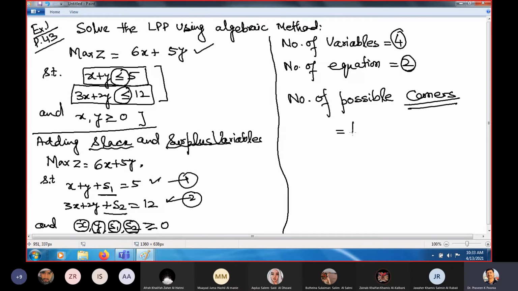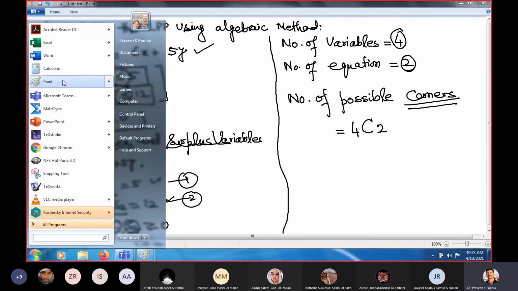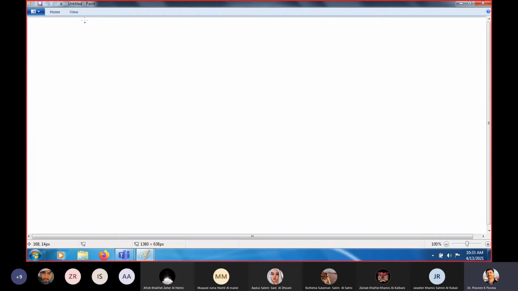It is always the number of variables combination with the number of equations: 4C2. Now it is another different term. What is 4C2? This you study in applied mathematics while studying permutations and combinations.